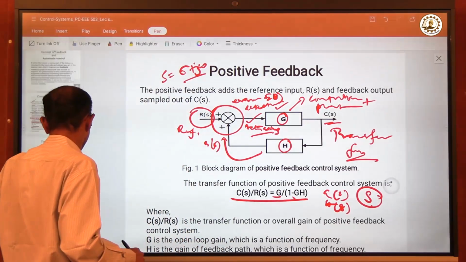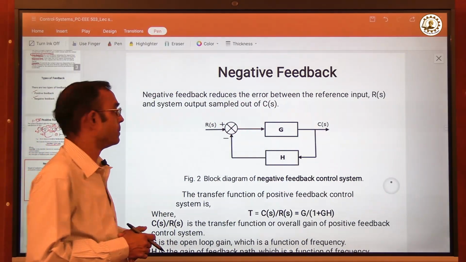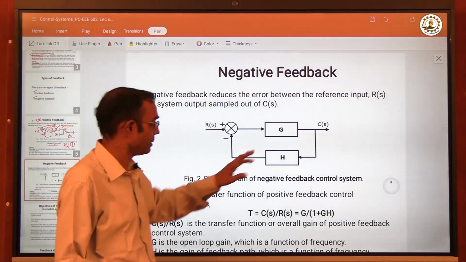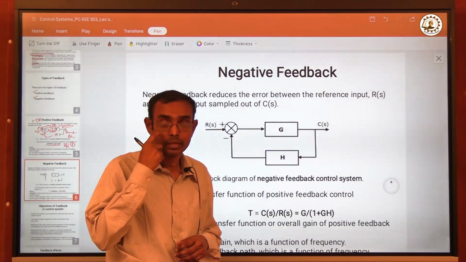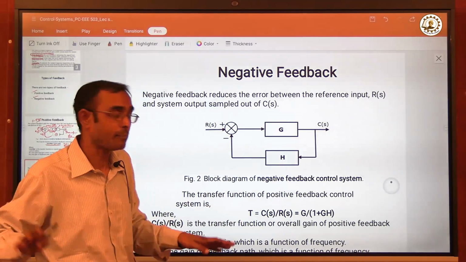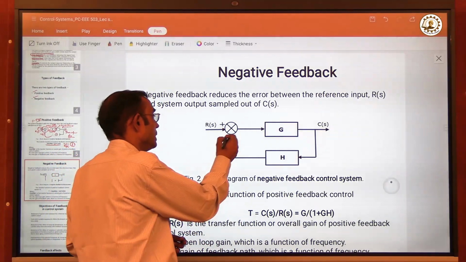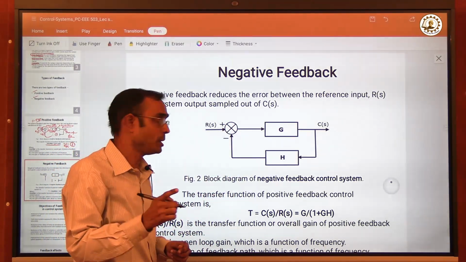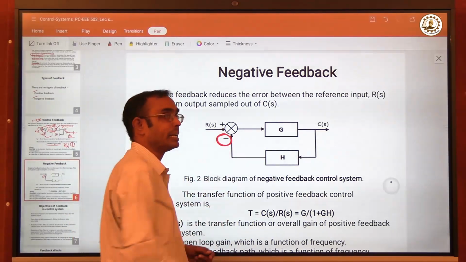Now let us see the next one, that is the negative feedback. So the negative feedback, similarly the block diagram is the same. The block diagram and all the parameters shown are the same. The only difference is here in the error detector or the summing point, this is minus.